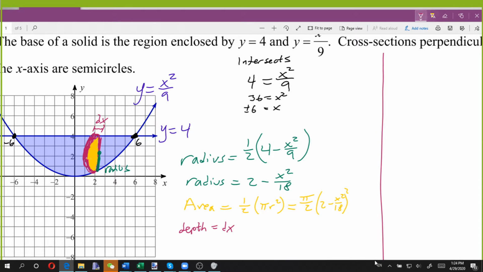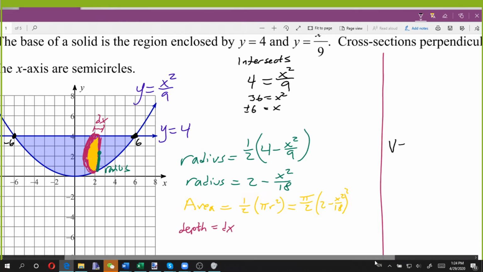Volume equals pi halves times the integral from -6 to 6.